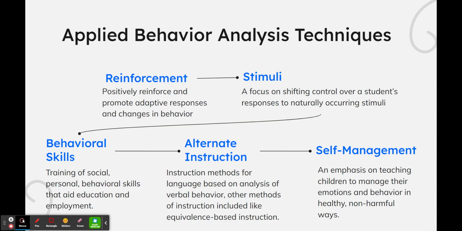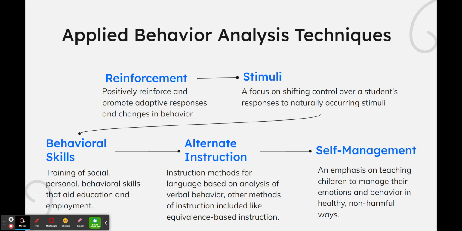Now, for our last slide, I want to talk about applied behavior analysis techniques and how this applies to children with autism and girls with autism in schools. Girls with autism still show that sort of repetitive behavior and reliance on routines. So we want to be positively reinforcing any behaviors that show adaptation and changes in behavior and give them a bit more flexibility.